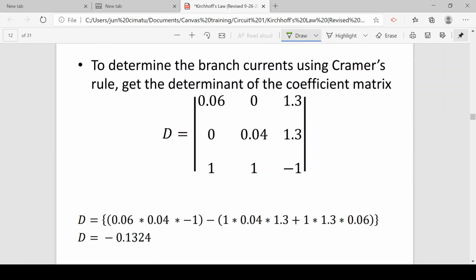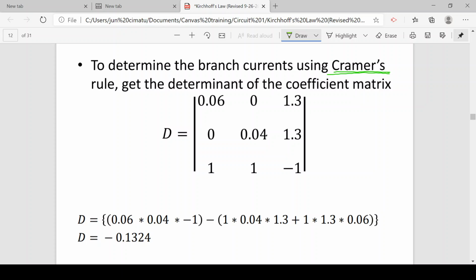However, for purpose of demonstrating manual calculation of the unknown currents, Cramer's rule is prepared for three unknowns.